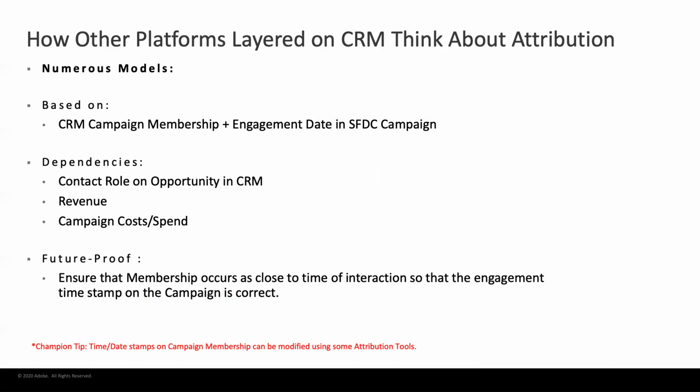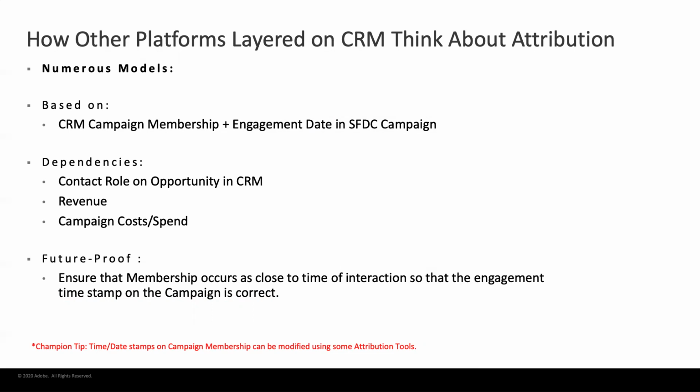For future proofing, if you don't have an attribution tool and you're not correcting those dates, ensuring that you're getting people into those systems as quickly as possible after the engagement is key. And also keeping a log of when certain campaigns had membership added versus when the engagement actually occurred.